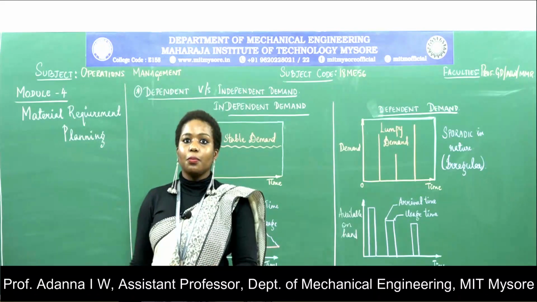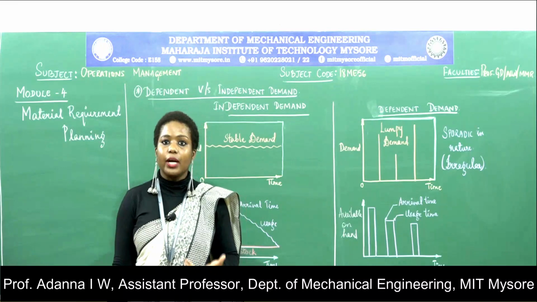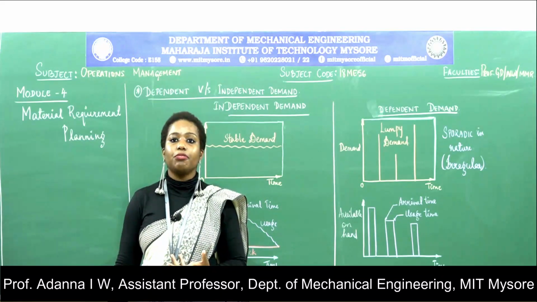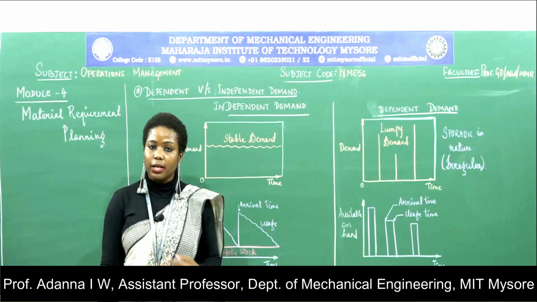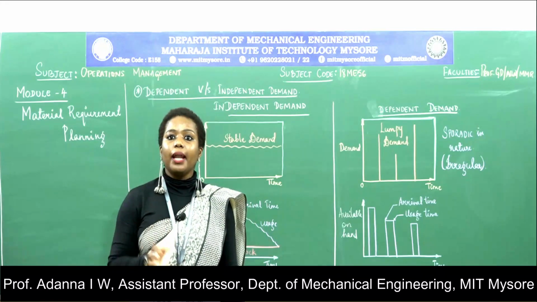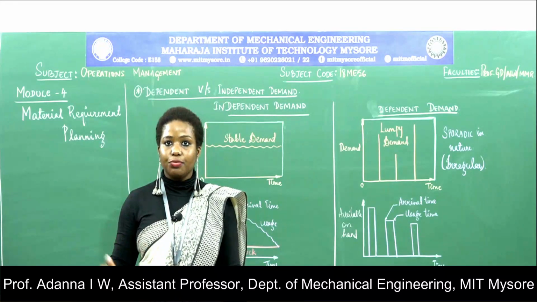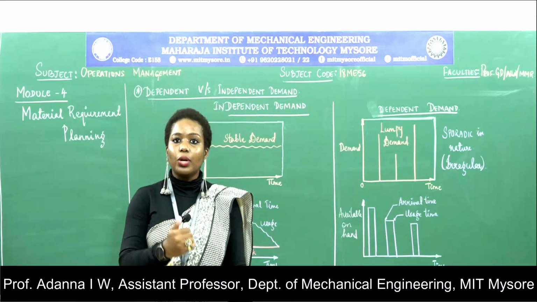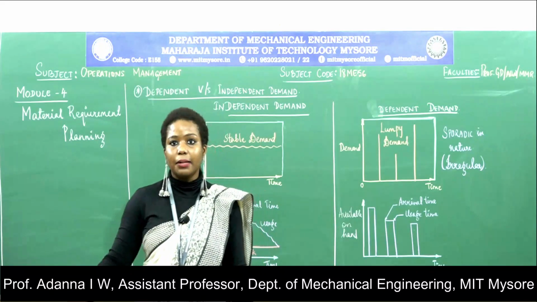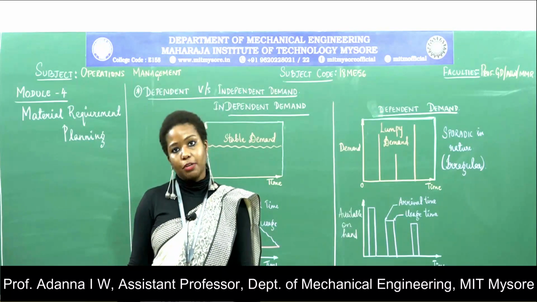For example, in the automobile industry, a particular demand for a subassembly or a part will only depend on whether I am going to use that part for the manufacturing of the final product. Like if it is the subassembly of a car, depending on the number of automobiles that I am going to be producing in that period of time, I will procure only those many subassemblies or parts that are required for that particular automobile, and I will procure it only at the time of manufacturing.